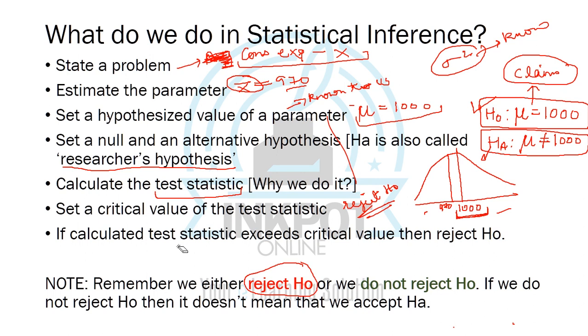It's a very important point that one needs to understand, that we never try to accept the alternate hypothesis. We either reject H naught or we do not reject H naught. It's similar to saying that in a court of law, either you are guilty or you are not guilty.